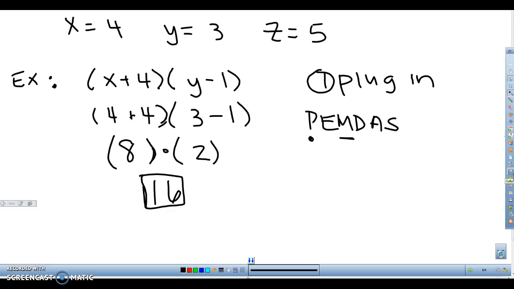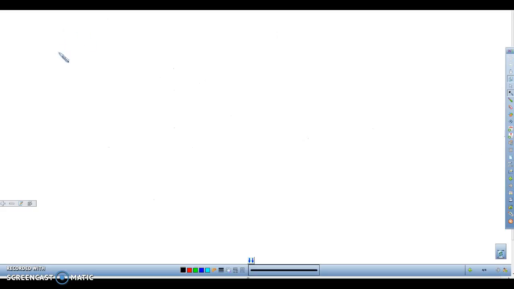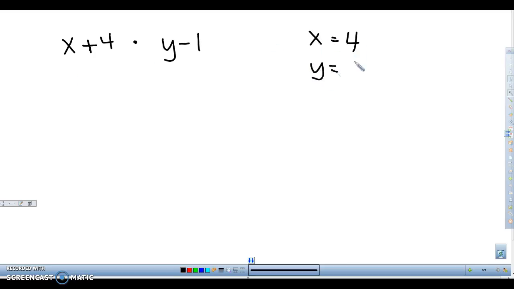Now we need to talk about the importance of these parentheses, because if I didn't have them in that last problem, and I just said x plus 4 times y minus 1, which is essentially what we did, we'd come in with something very different. Again, we're going to let x equal 4 and y equal 3. So if we plug those in, that's 4 plus 4 times 3 minus 1.